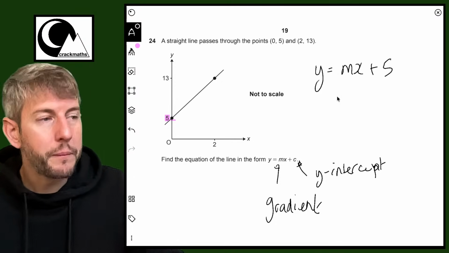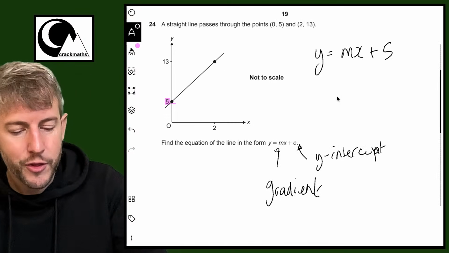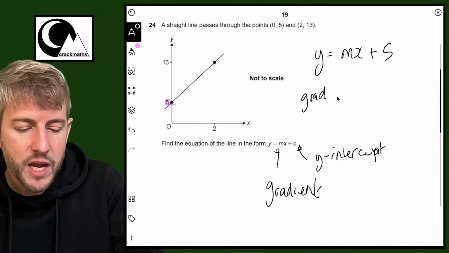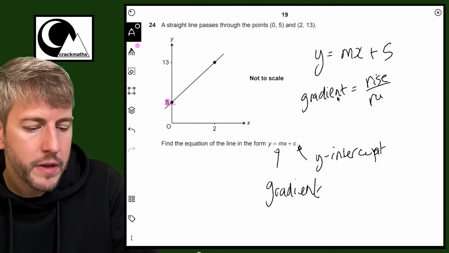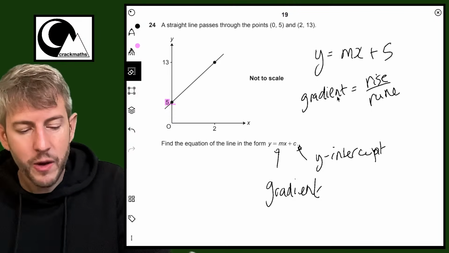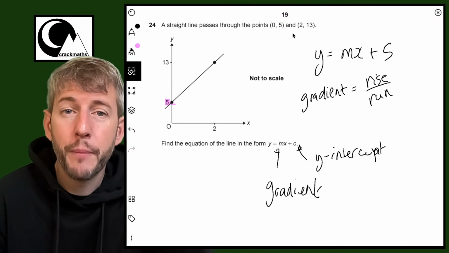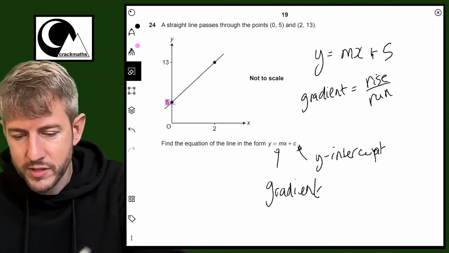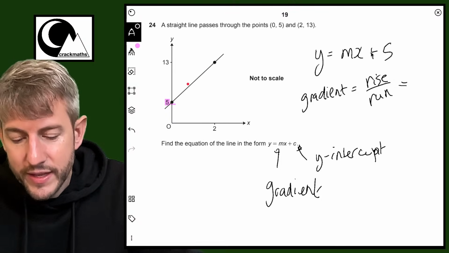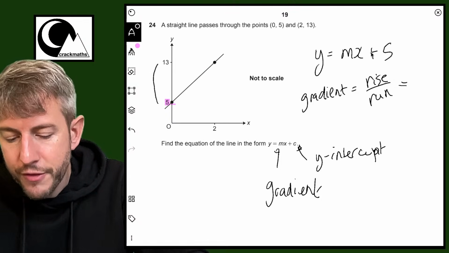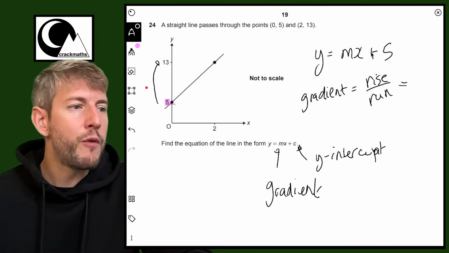Now, the gradient bit, you might have heard the phrase for this. The gradient equals rise over run. So it's how much it has increased, divided by how much it has gone across. The rise in this line between these 2 points has gone from 5 to 13, so that is a rise of 8.